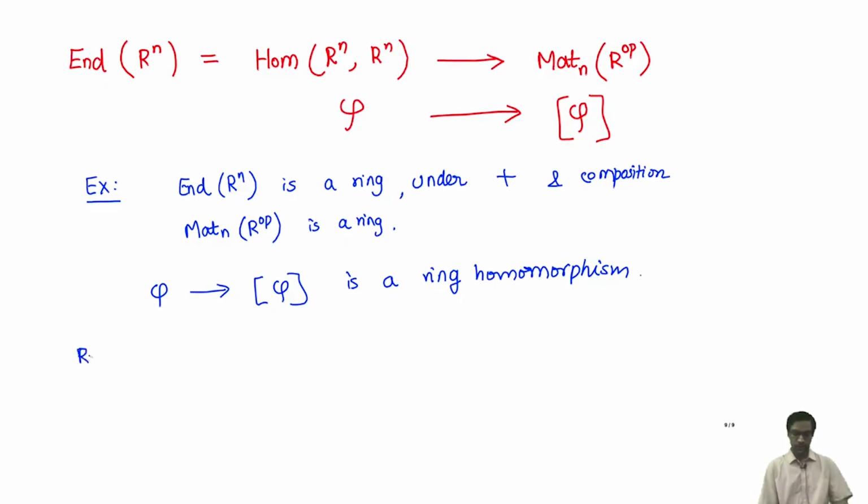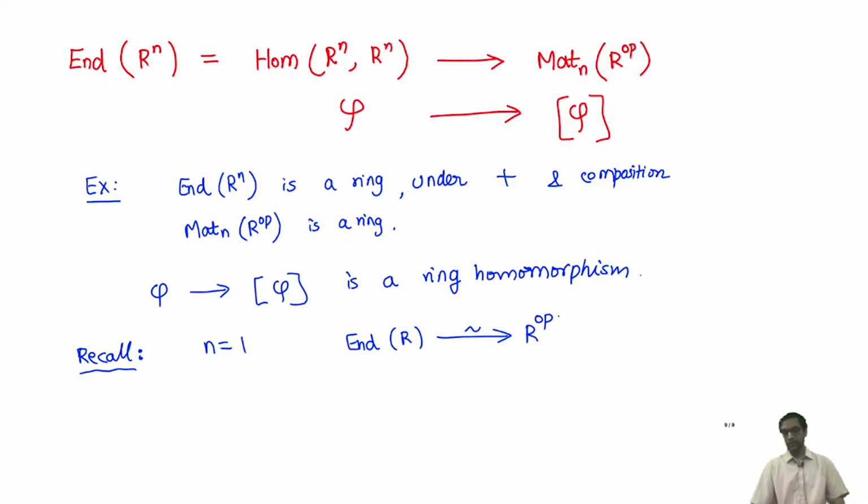And recall also that we have seen an instance of this before in one of the problem sessions, which is that if I take n equals 1, which means I just think of R as a module over itself, and I ask what are all the endomorphisms of R, which means all homomorphisms from R to R, then we had done this before, that this is actually isomorphic to the ring R op.